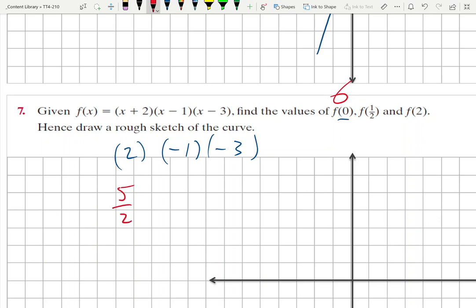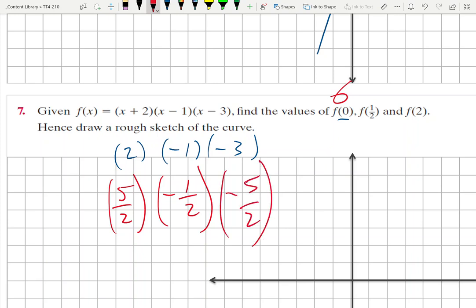Half take 1 is minus a half. And a half take 3. Okay, the product of the tops is 25 and the product of the bottoms is 8. And that's reduced.